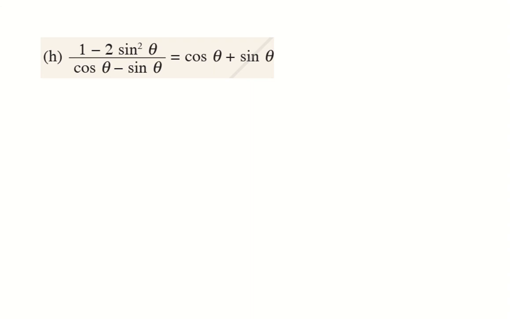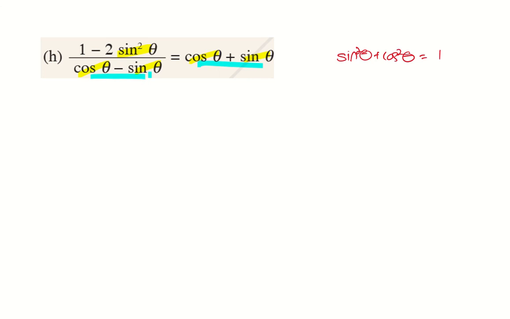Let's see what we have. We have sine square, and then we have cos theta, sine theta. At the end, we want to get cos theta plus sine theta. From here, take note the formula that we have: sine square theta plus cos square theta equals to 1. Here you have the shadow of a square plus b square.